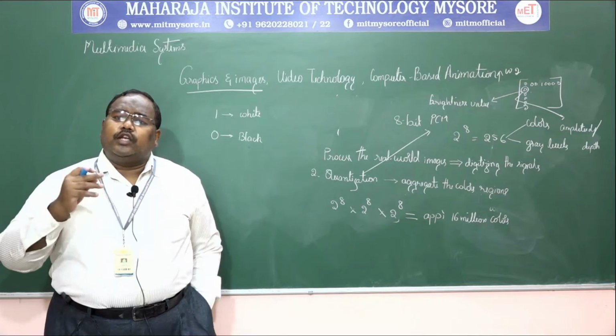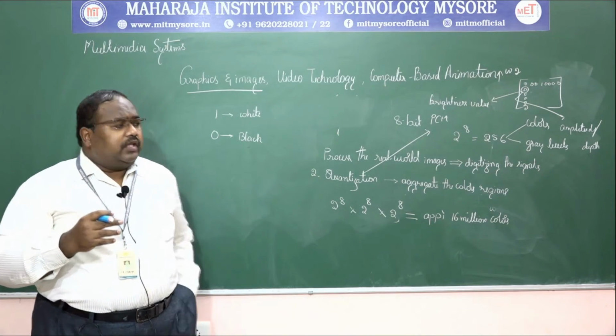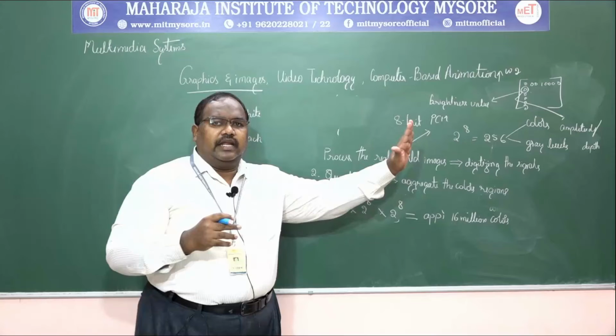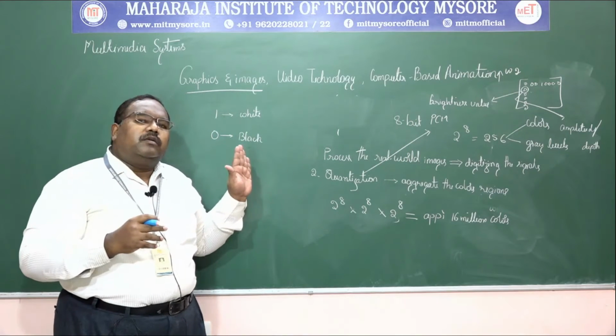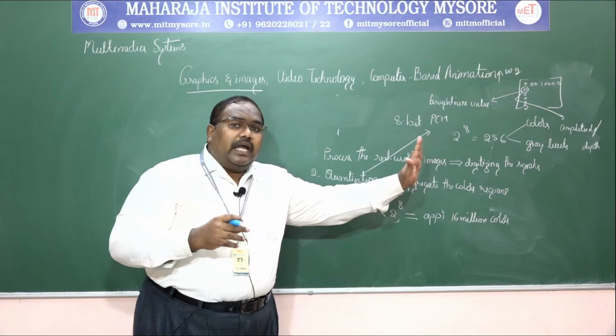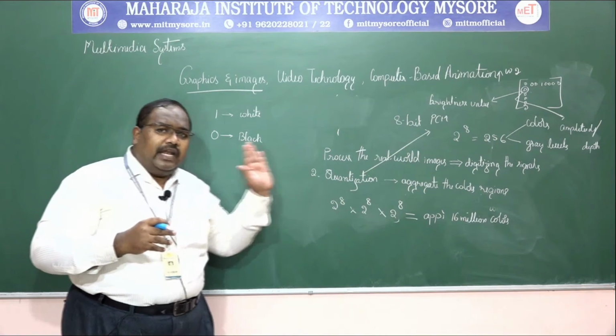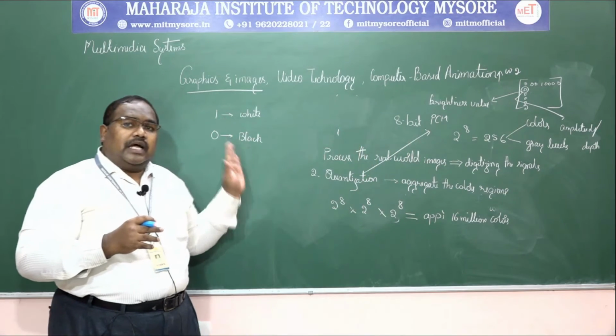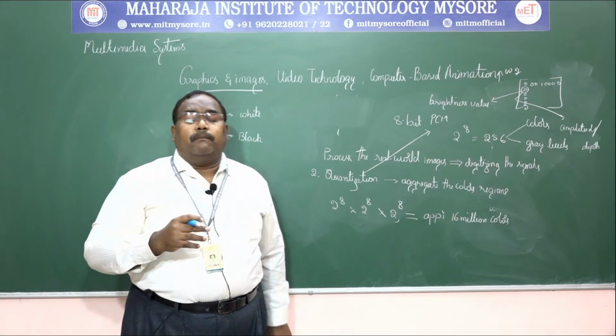When we talk about the numerical value of a gray, there might be different shades in the gray level from white to a bit darker, and finally we reach the black color. So there are a lot of gray levels in between the starting white and the ending black color.